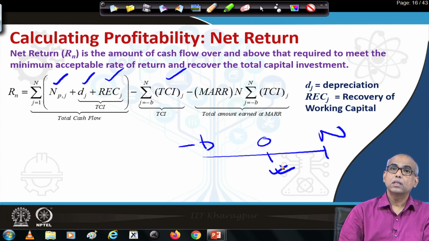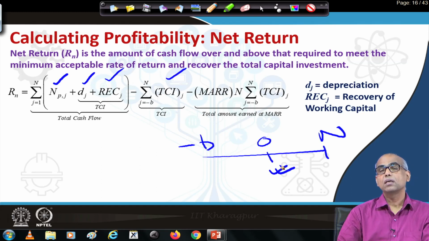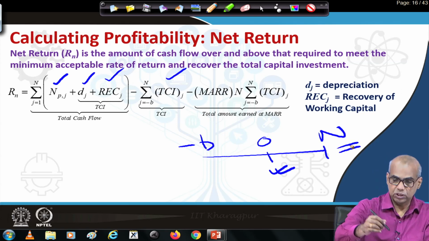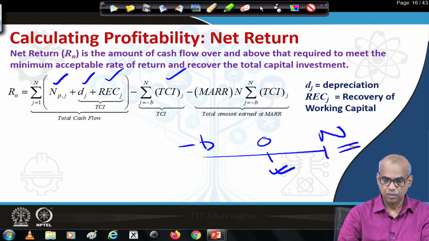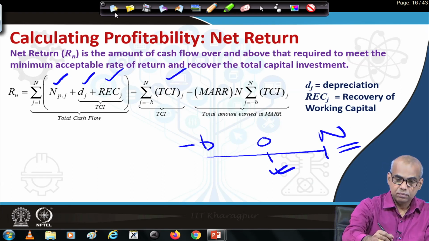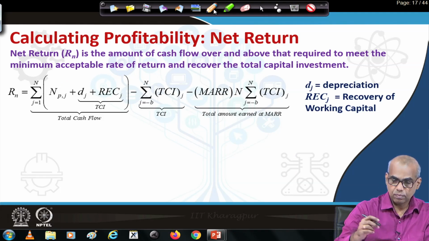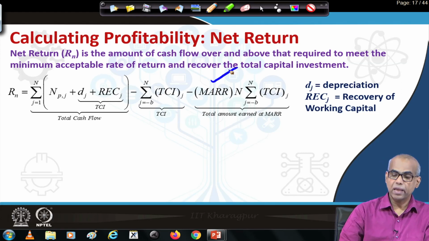So, the total capital investment has to be summed from time corresponding to minus b to time corresponding to n, which is the life of the project. And MARR represents the minimum acceptable rate of return.